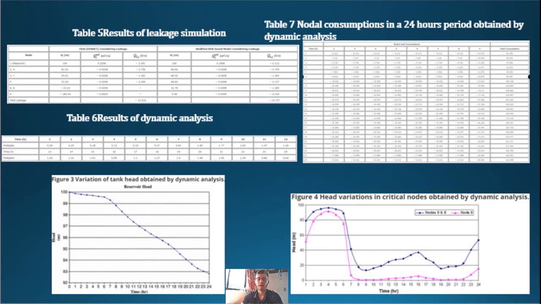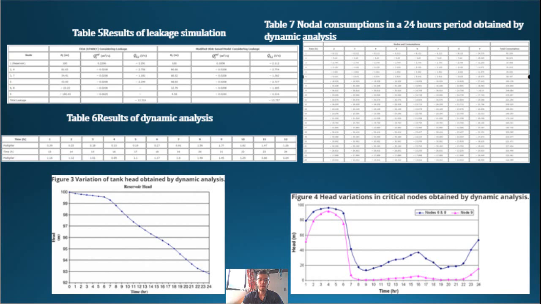Since the calculated negative heads are wrong, the leakage values obtained from the head-leakage relationship in these nodes are meaningless. The HDA method shows a decrease in the nodal head values. The available discharge in the critical node is less than the case without leakage as a result of the additional discharge due to the leakage.